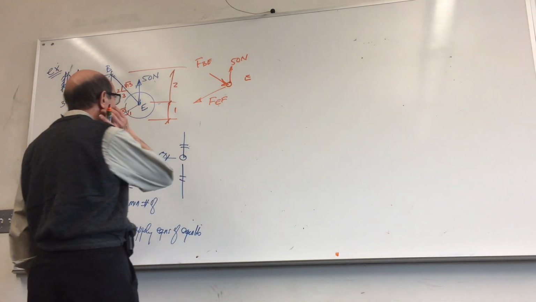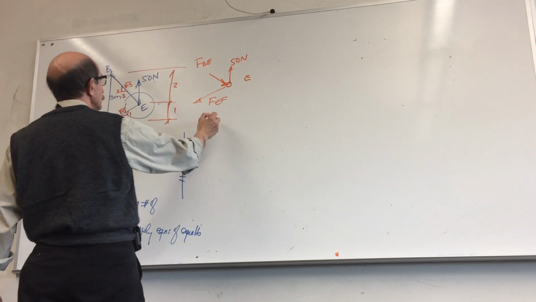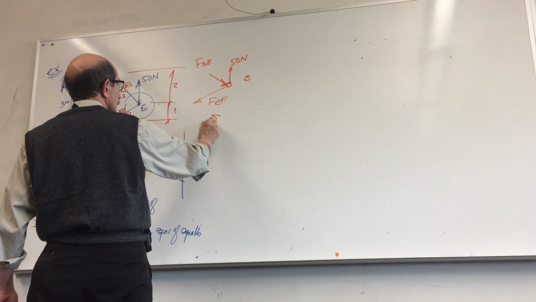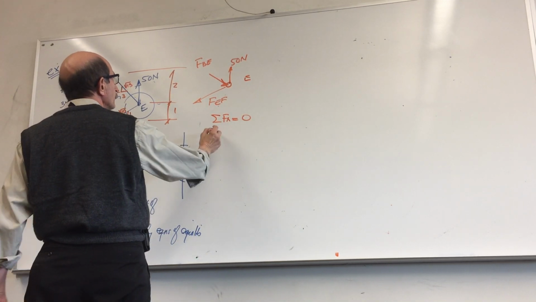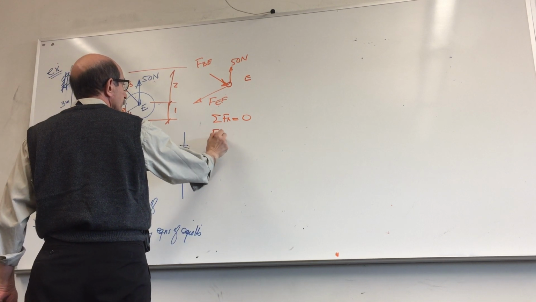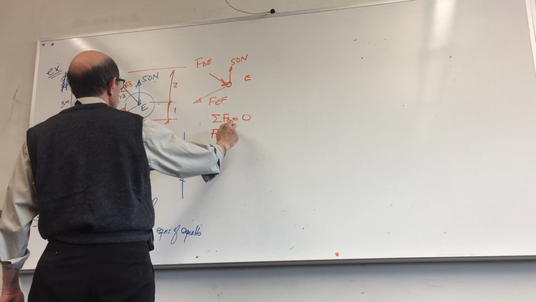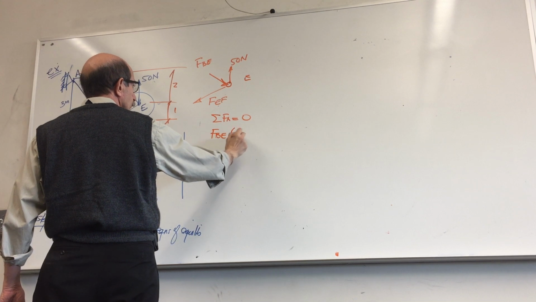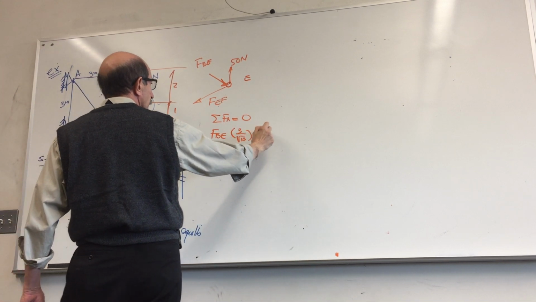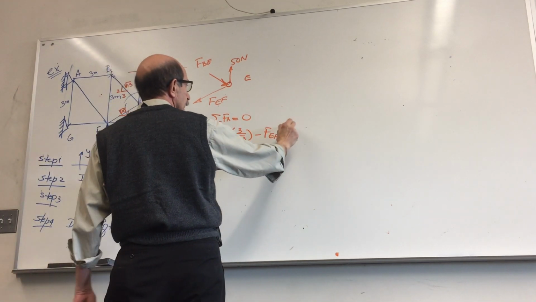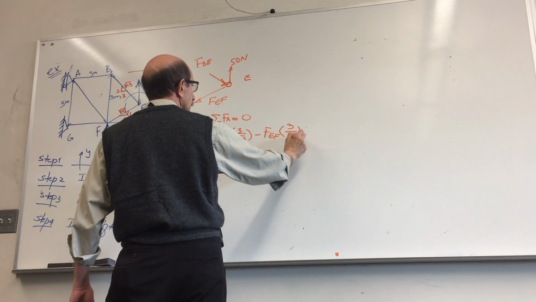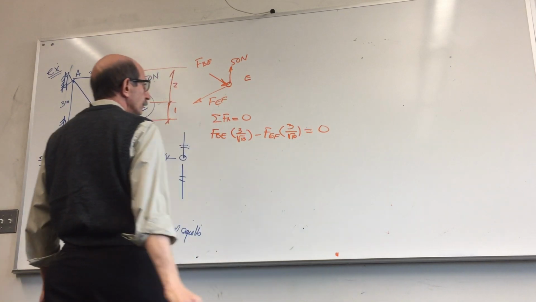So I can write the summation of forces along x equal to 0. I have FBE times 3 over square root 13 minus FEF times 3 over square root 10 is equal to 0.